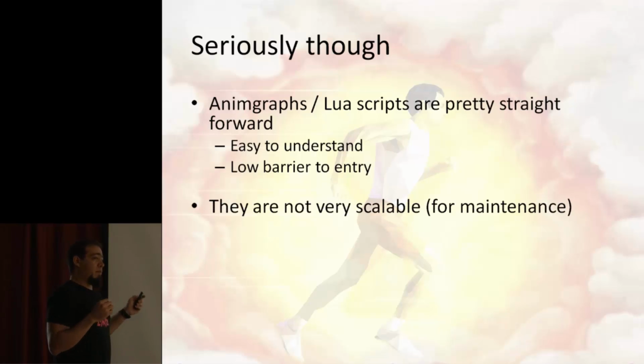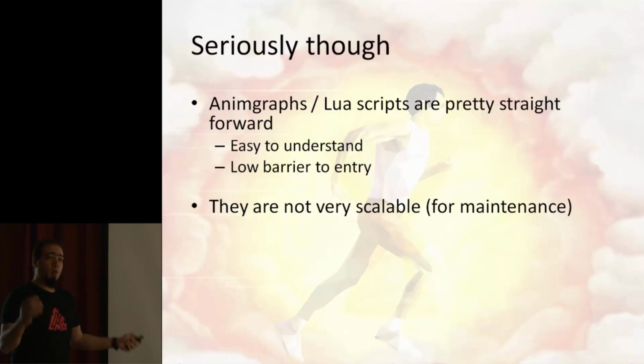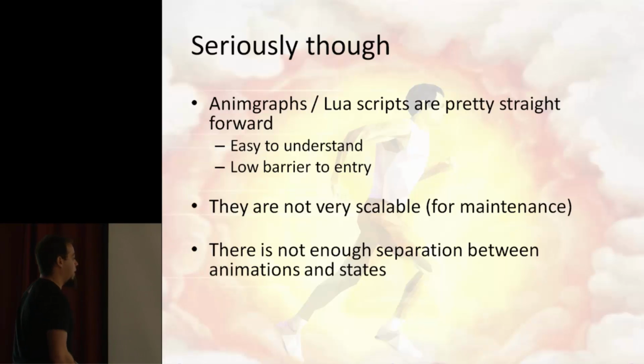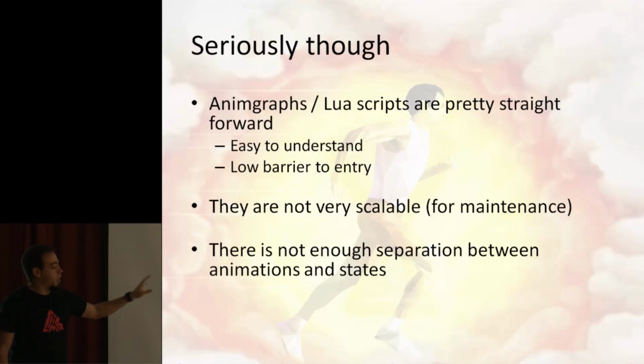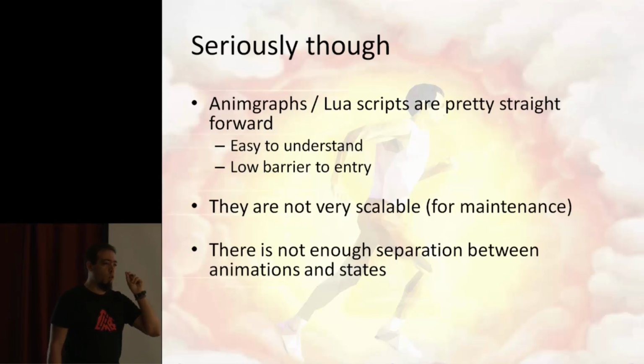They are very badly scalable. You end up with these massive graphs and you have no idea what's going on. Not to mention that, one of the things that really bothered me is that in all of these graphs, if you inspect it, it will tell you which animation asset it's playing.